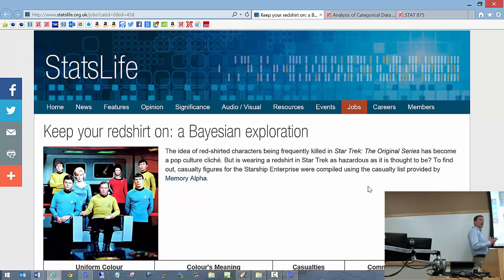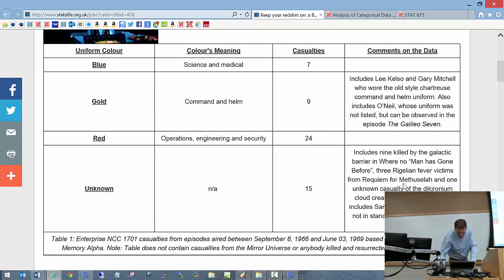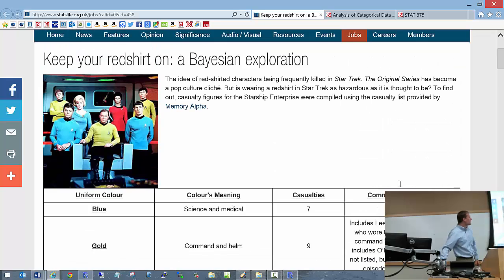If you're a science officer or medical officer on the Enterprise, such as McCoy and Spock, you wear blue. And lastly, if you're security or engineering operations, you wear red.